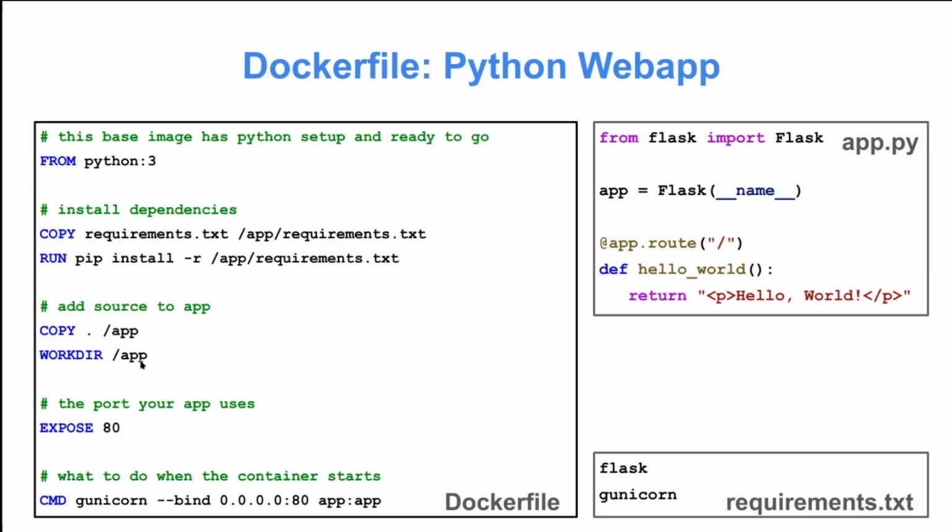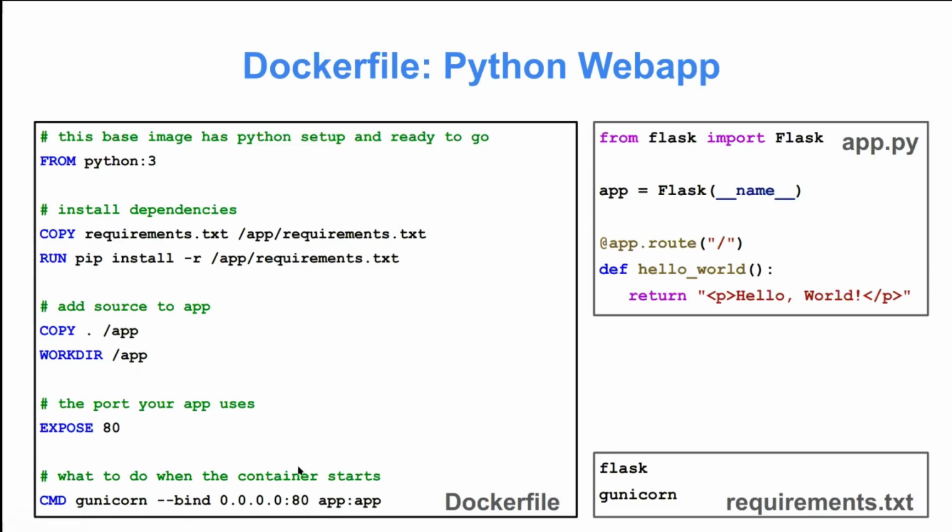Then we'll add the rest of our source, which is really just the app.py. We expose port 80, and then we use this Gunicorn service to actually serve the Python app itself.